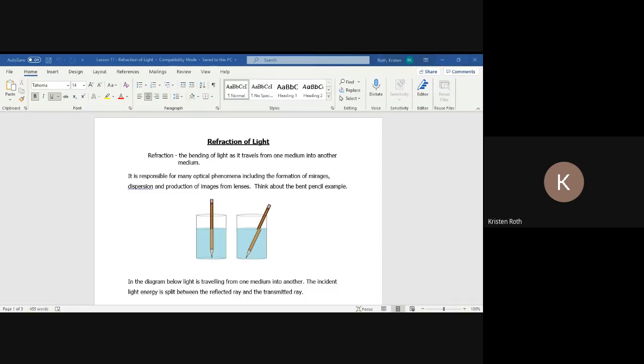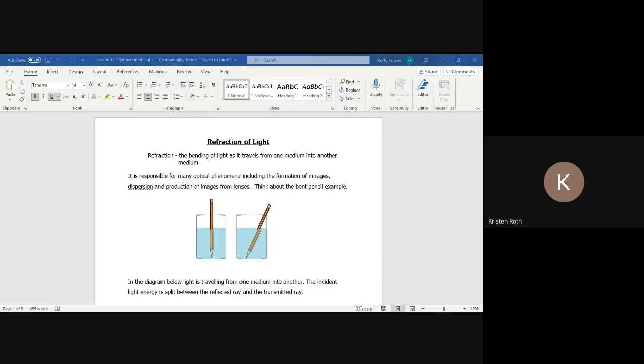And may I suggest actually doing this at home, just to put to terms what we're talking about here. Without talking about the pencil first, when light travels, it has a speed, 3.0 times 10 to the power of 8 meters per second.